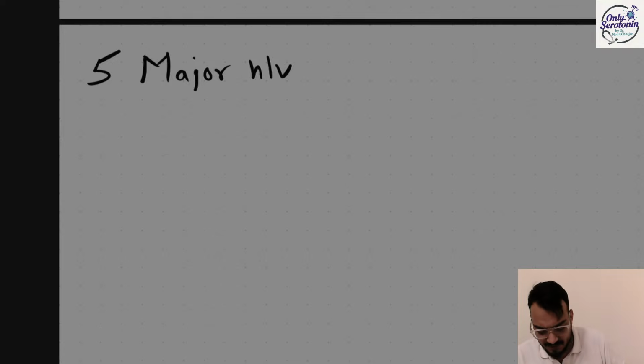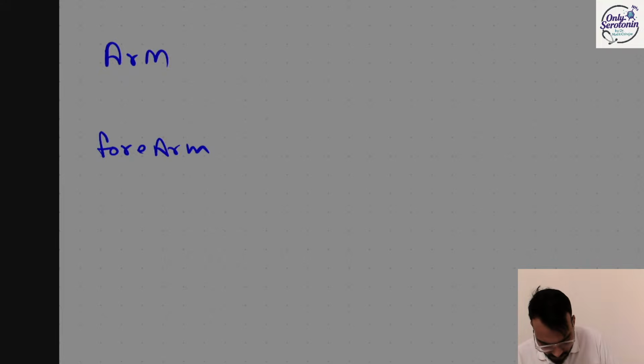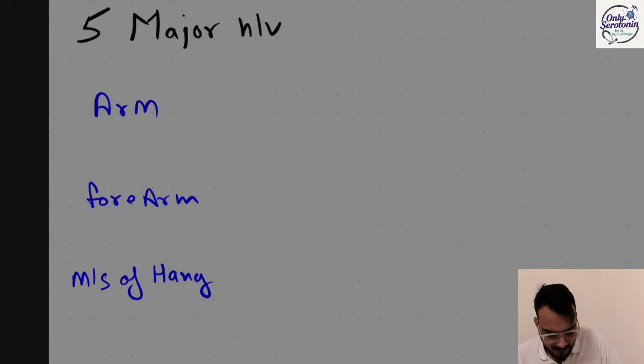So these five major nerves of the brachial plexus, guys, are going to divide into the arm, forearm, and the muscles of the hand. We already have studied that the arm is going to have two compartments, anterior and posterior.